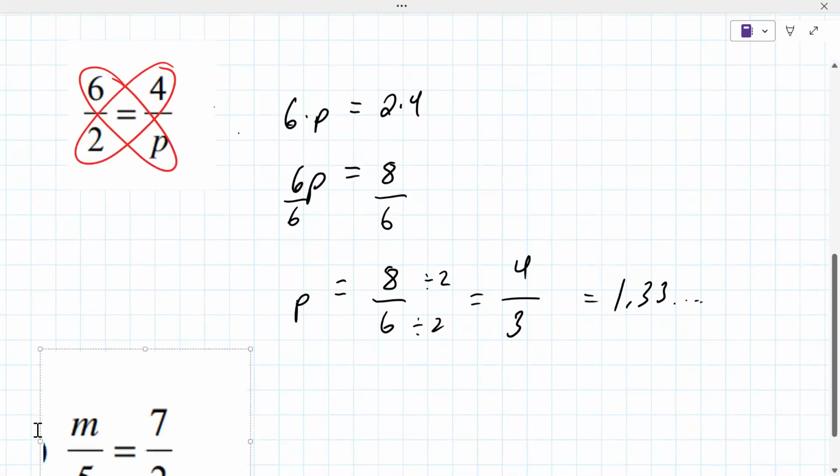So you take 6 times p equals 2 times 4, 6p, 6. All right, you can scroll down now.